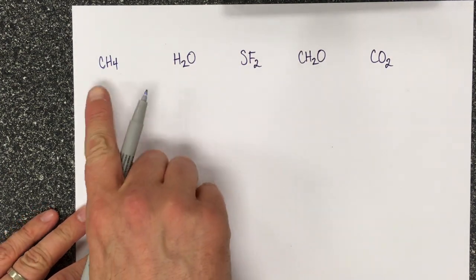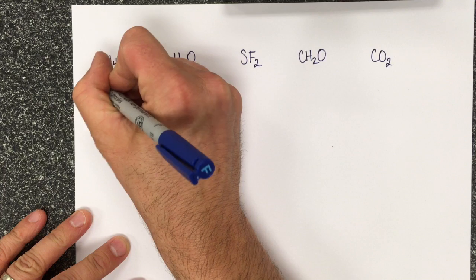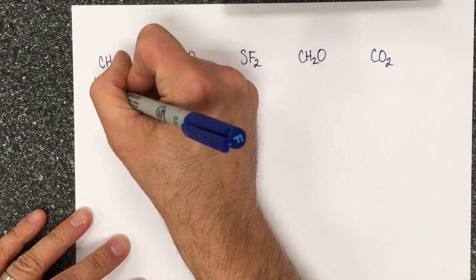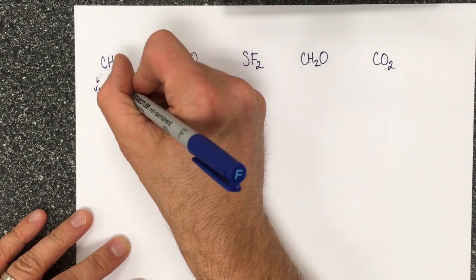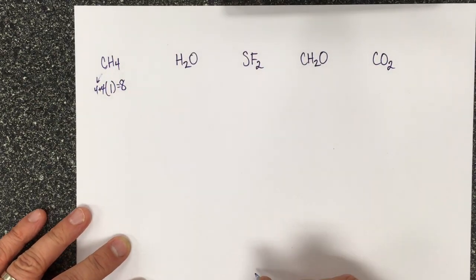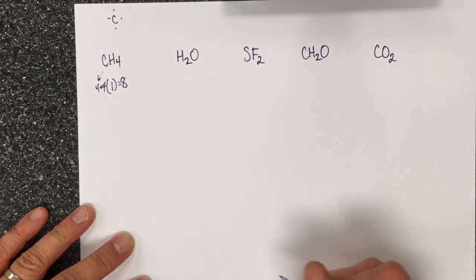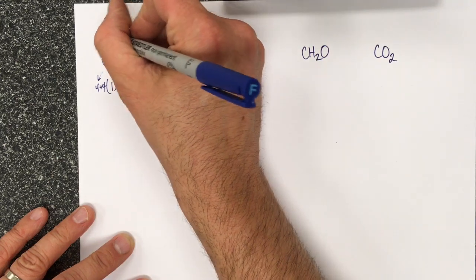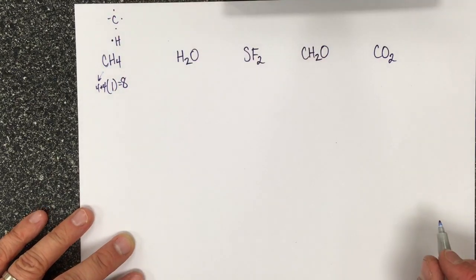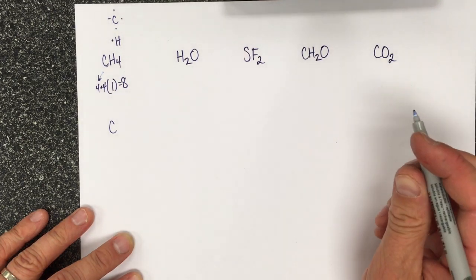Methane is maybe the easiest of these molecules. Carbon has 4 valence electrons and hydrogen has 1, but there are 4 of them, so 4 plus 4 times 1 is 8 valence electrons. Carbon has 4 bonding electrons, so it has many more bonding electrons than hydrogen. So I start by drawing my central atom of carbon.